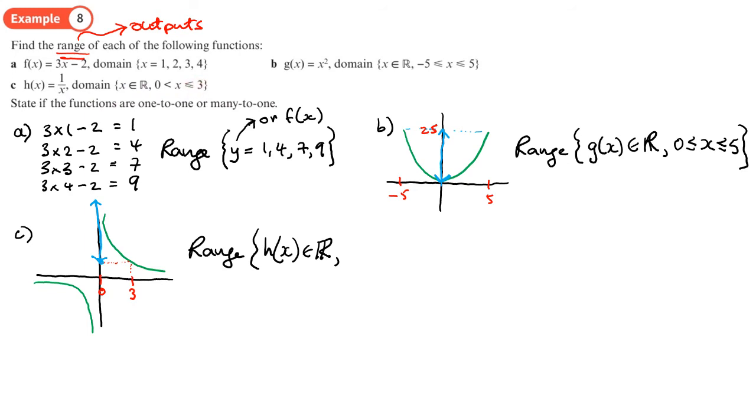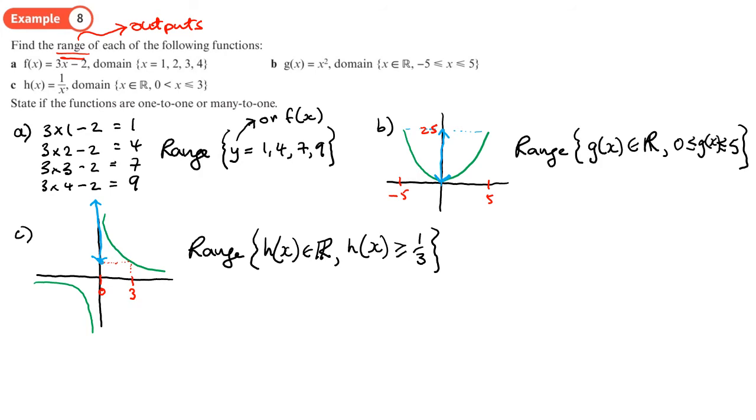So we could say that h of x is greater than or equal to 1/3, which means I've just spotted from this last one, I shouldn't really write x here, that should be g of x.